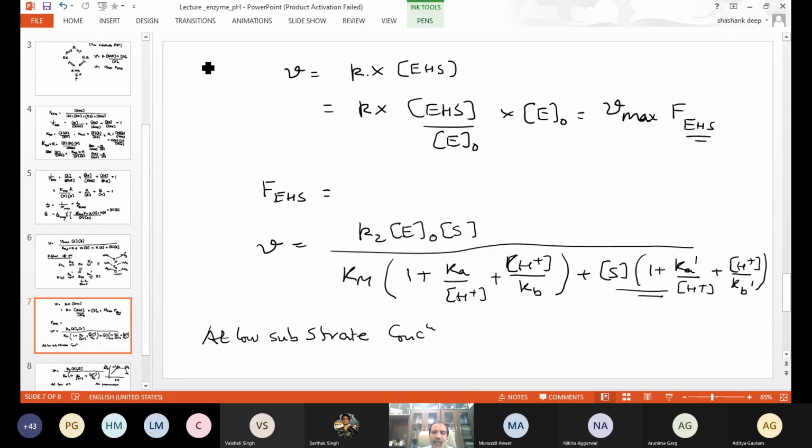So V is Vmax into FEHS. And if you calculate this, you will find that V is equal to K2 into E naught into S by Km, 1 plus Ka by H plus, H plus by Kb, plus S, 1 plus Ka dash by H plus, H plus by Kb dash.